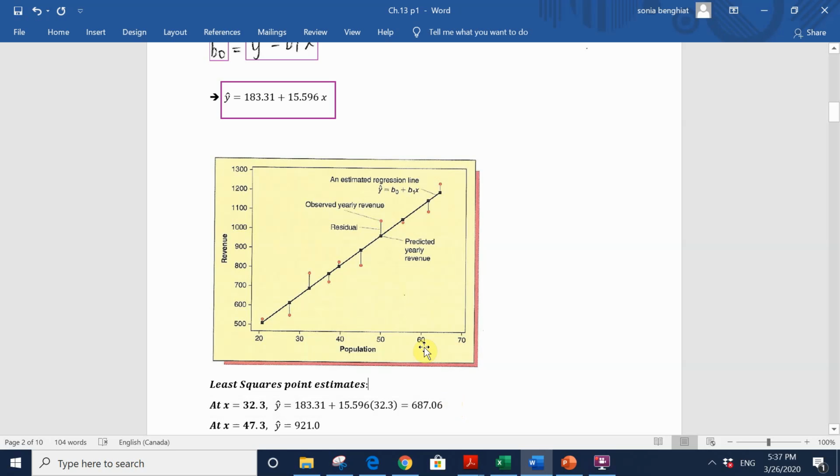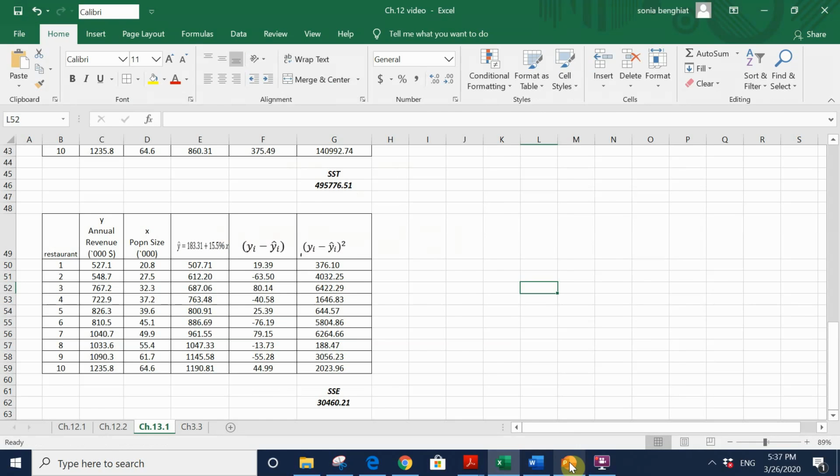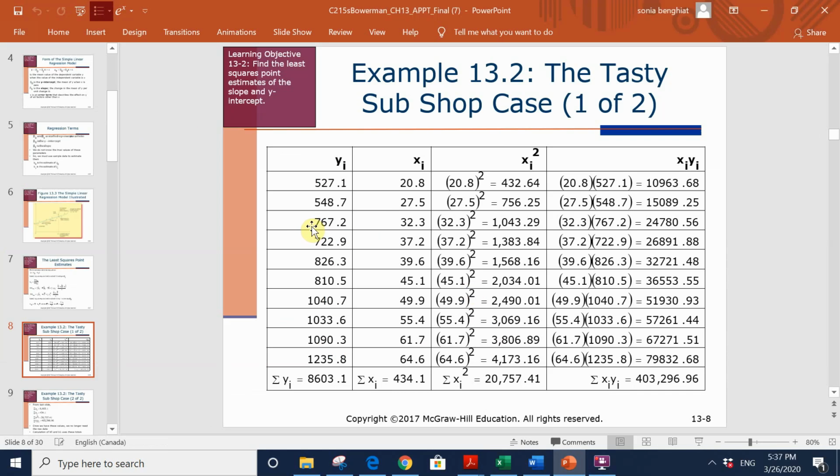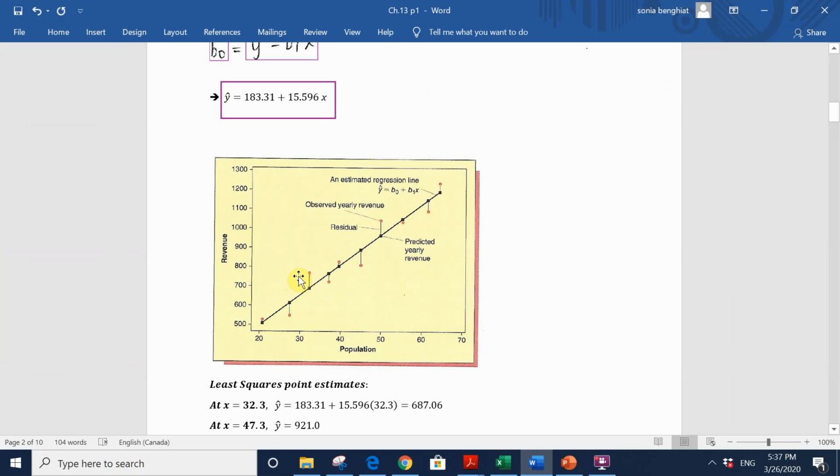Okay, so if we look here on the graph, this would in fact be the third point in my sample of 10 points. Here I've got my actual observed y value, which we said was 767.2, right? So there we are. This is the actual observed 767.2 versus the expected 687.06.